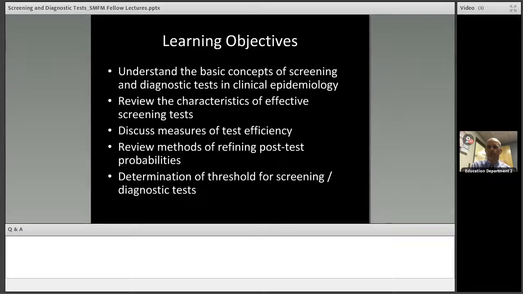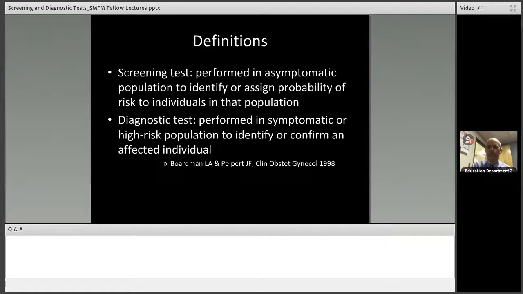And then finally also look at how do we determine the threshold of screening tests as well as diagnostic tests. How do we come up with the thresholds that are used for normal or abnormal for this test? That means we're really going to talk about receiver operating characteristic curves.